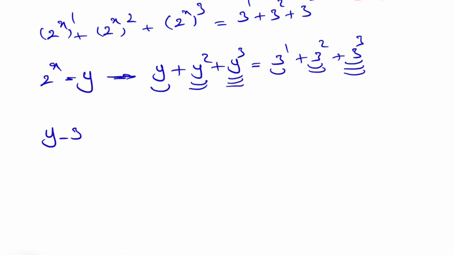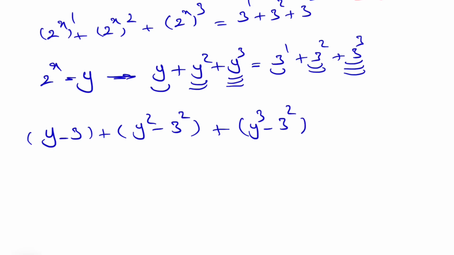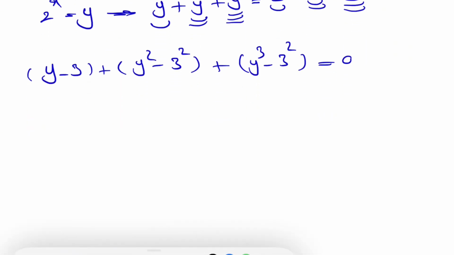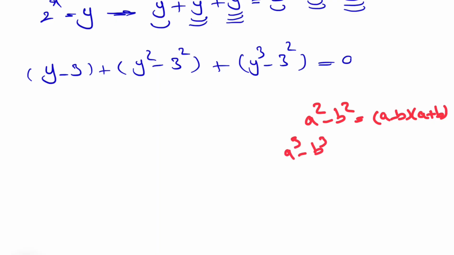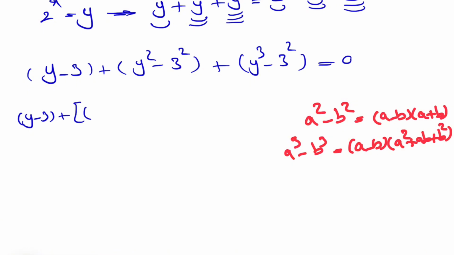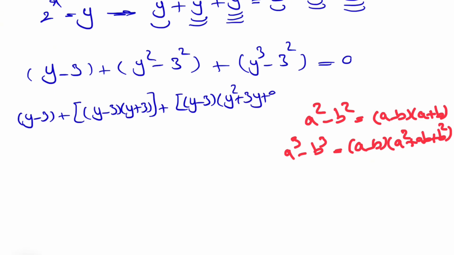We have (y - 3) + (y^2 - 3^2) + (y^3 - 3^3) = 0. Now we have a difference of two squares and two cubes. a^2 - b^2 gives us (a - b)(a + b), and a^3 - b^3 is (a - b)(a^2 + ab + b^2). So we have y - 3 from the first, (y - 3)(y + 3) from the second, and (y - 3)(y^2 + 3y + 9) from the last.